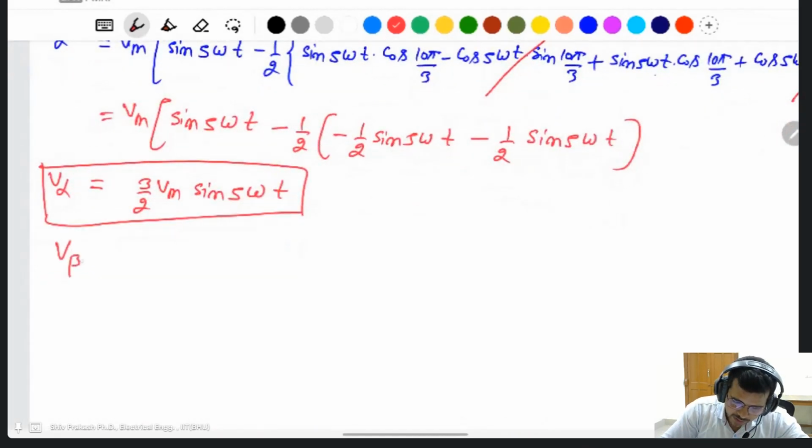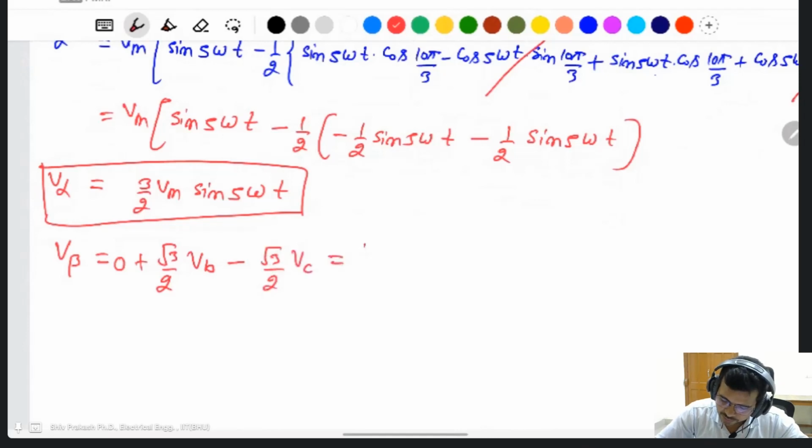V beta. V beta is root 3 by 2 VB plus root 3 by 2 VB minus root 3 by 2 VC. Root 3 by 2 VB also has a Vm, then I will take Vm as common.